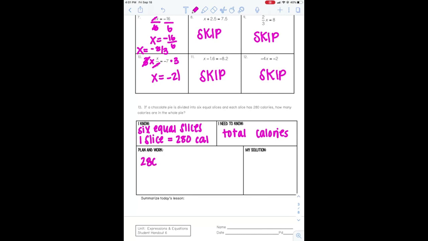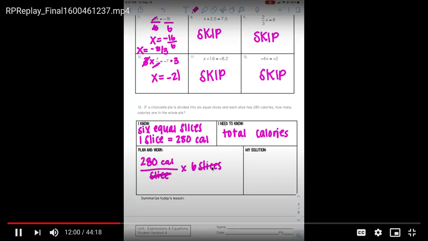So I know that if I take the number of calories in one slice, and I multiply by the number of slices, if you look, these units here are actually going to cancel each other out, and I'm going to be left with just calories. Okay, so that tells me I'm doing it right.